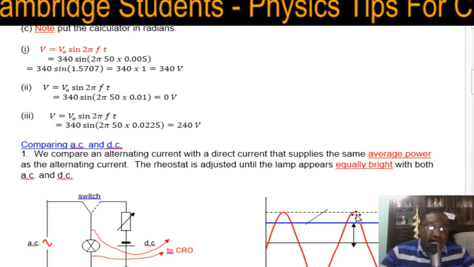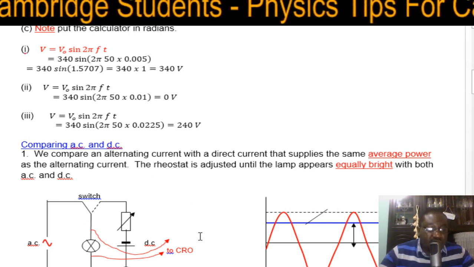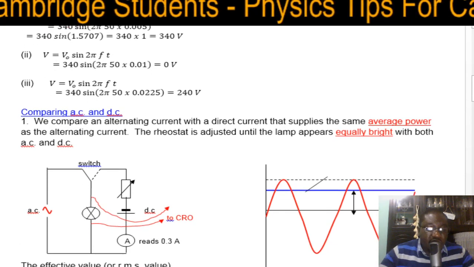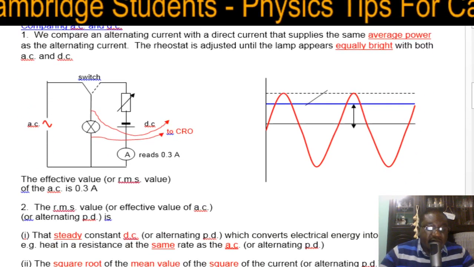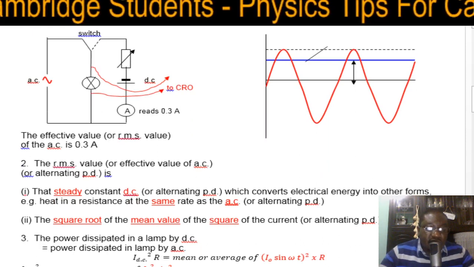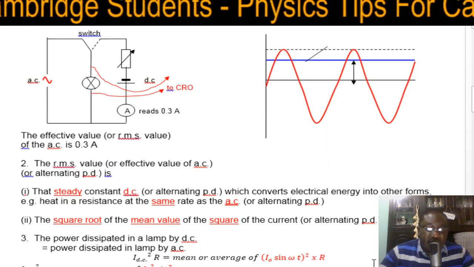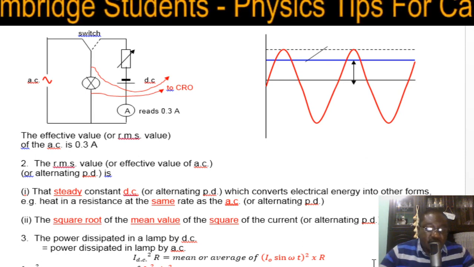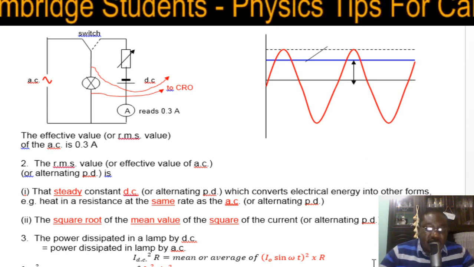This is the peak current over here. So we then define the root mean square value of the current as that steady constant DC which converts electrical energy into other forms, e.g. heat in a resistance, at the same rate as AC.